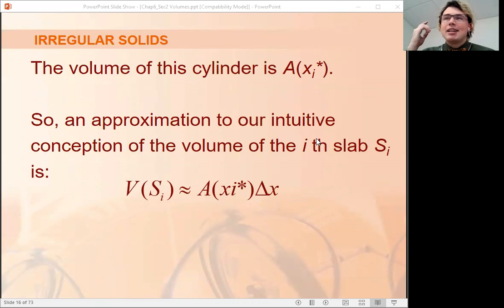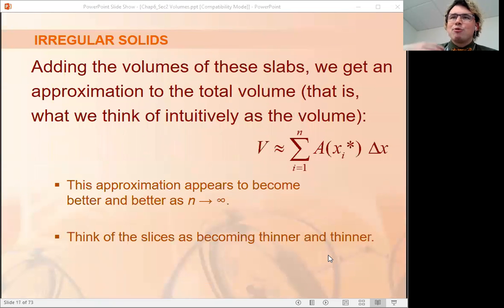Perhaps we're using left-hand endpoints, perhaps right-hand endpoints, perhaps the midpoint formula. But whatever that sampling method is, I'm expecting to see area of the slice times width. And width here is my delta x. My volume for the whole region will be, well, let's add up my slices.